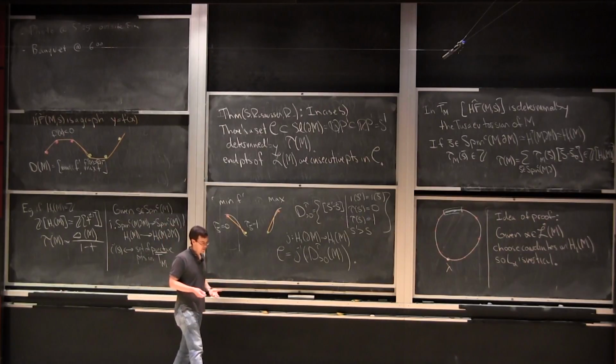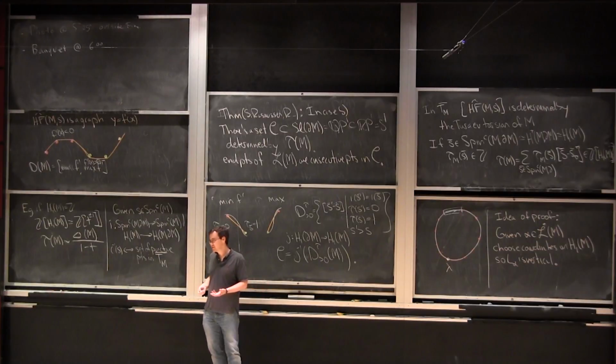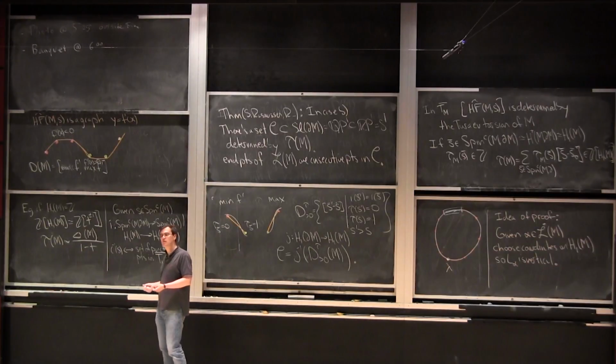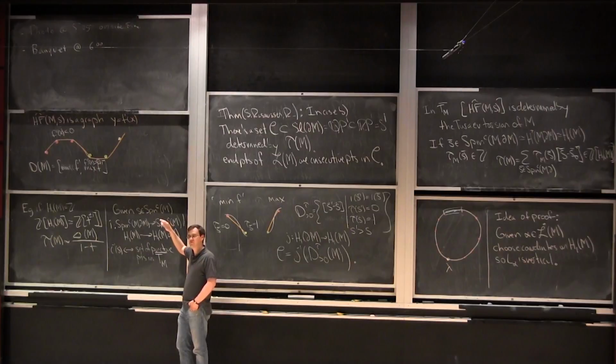And in particular, if you think about this connected sum, you'll see that it can never see anything about HF minus of the thing that you summed in. For each generator of HF hat of the thing you connected sum with, you're going to get a copy of your curve.